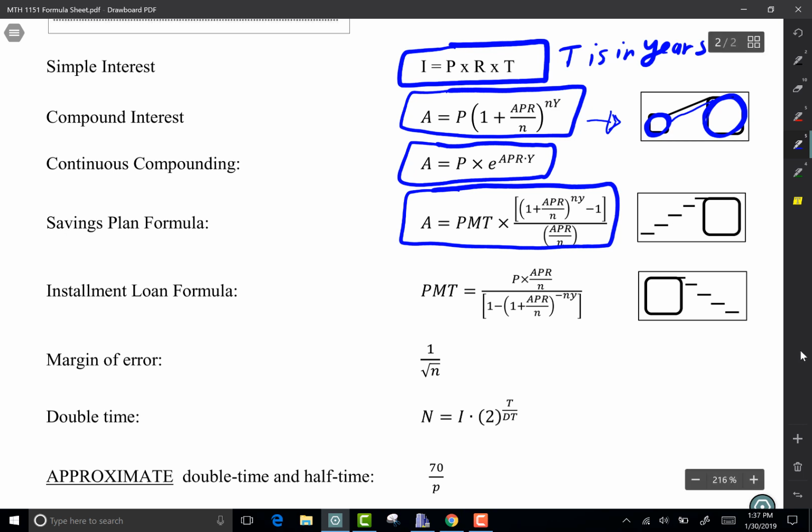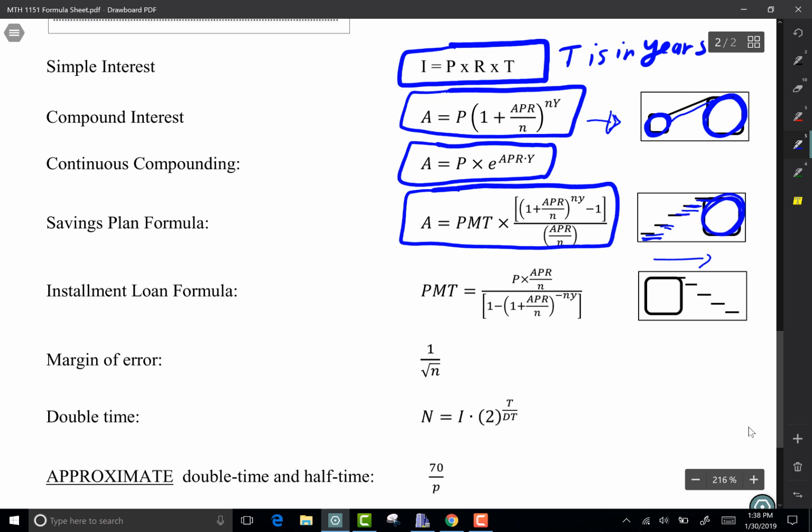When we talked about the savings plan formula, these lines here that look like steps represent each payment. So each step is a payment. And so looking at this left to right, it looks like we're going up, so we're saving money. Okay, our amount of money as we make those payments increases to a bigger lump sum of money.